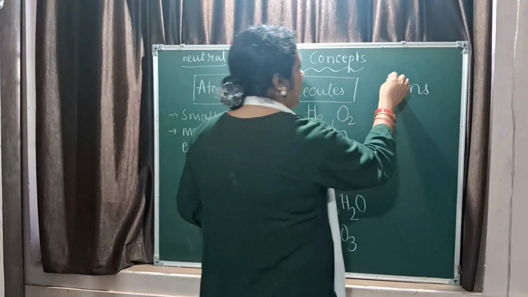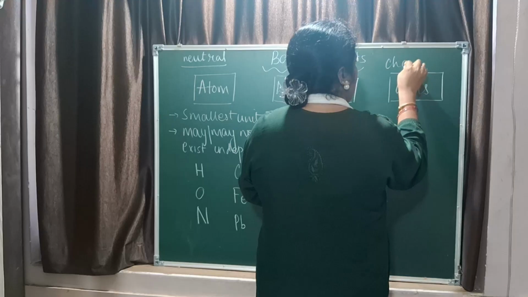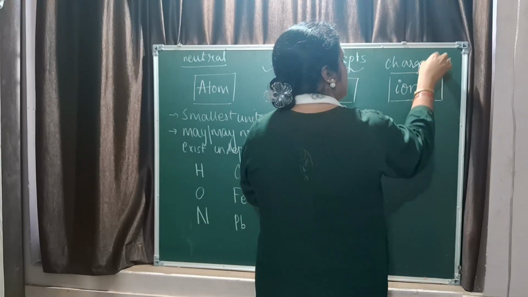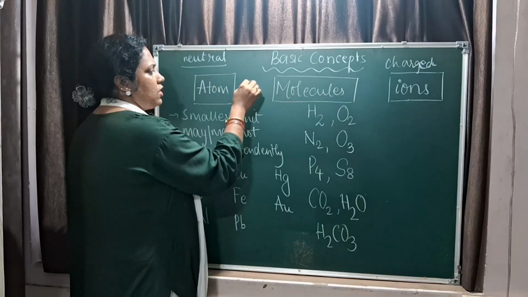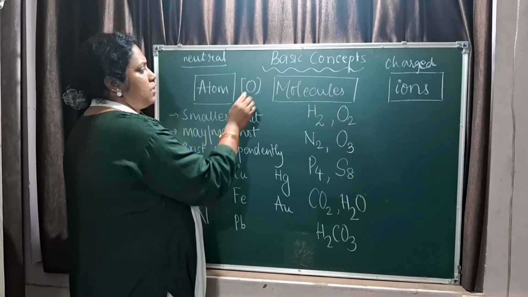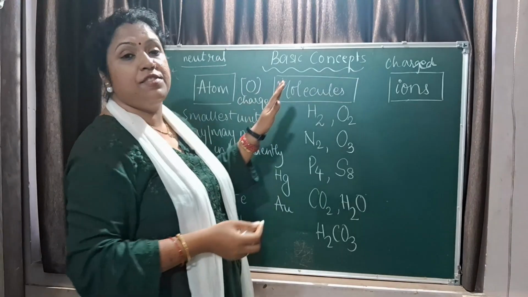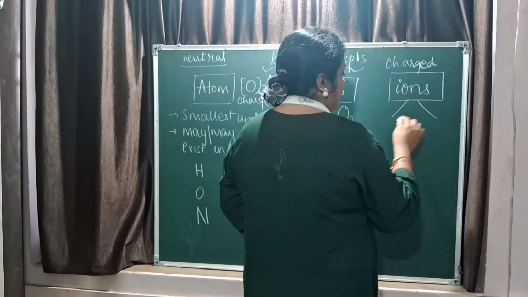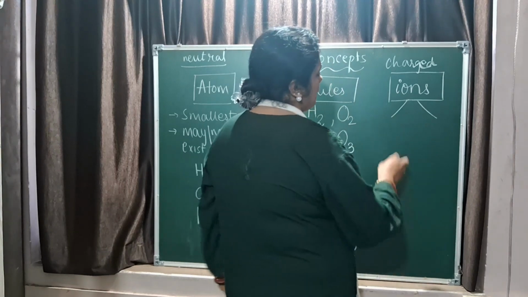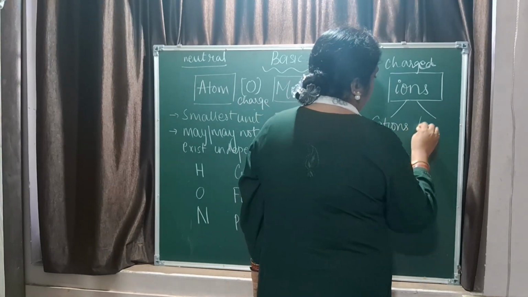Similarly, when we talk about ions, ions are charged particles, right? Ions are charged particles. Atoms and molecules have zero charge. Okay, they have zero charge. But ions have charge. So based on the type of charge they have, there are two types of ions. One is cation and one is anion.